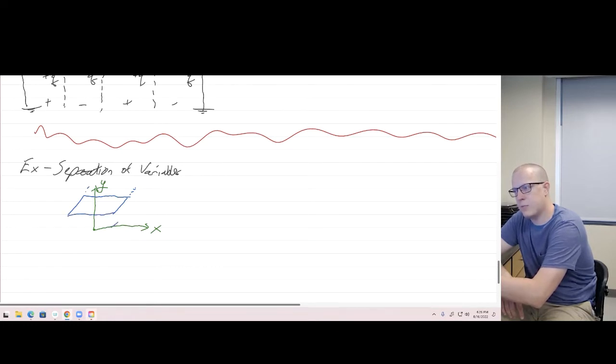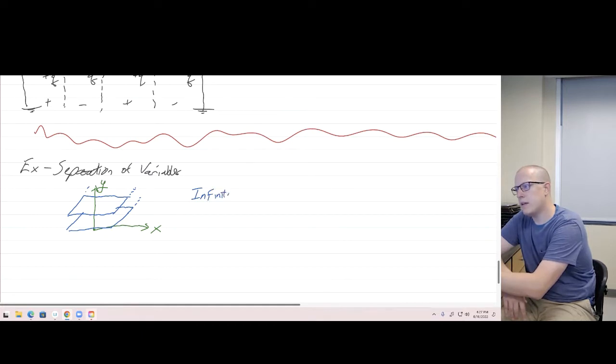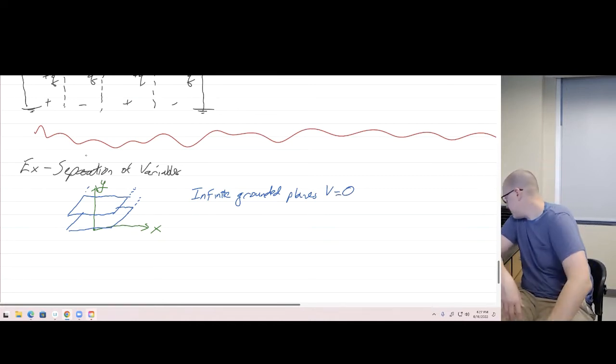And then we're going to have another plane that goes off and continues off in that direction as well, right? And so the blue are infinite grounded planes. And that means, since they're grounded, we know that V is going to be 0 on those.